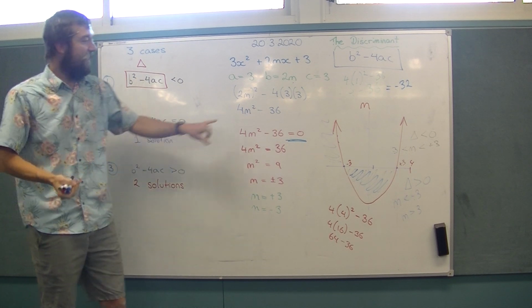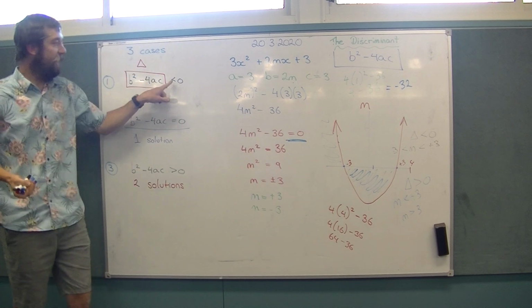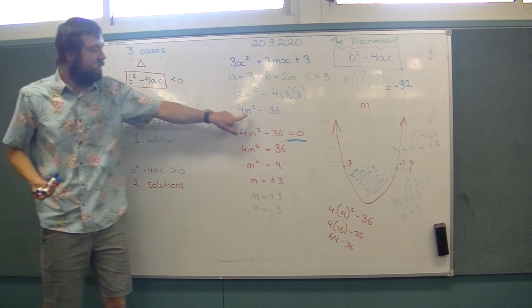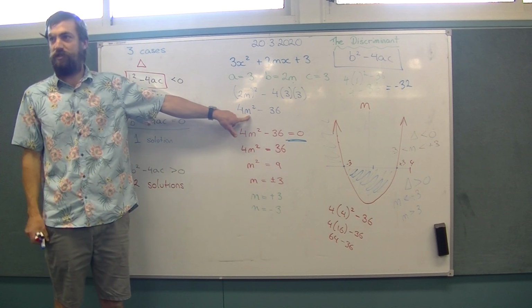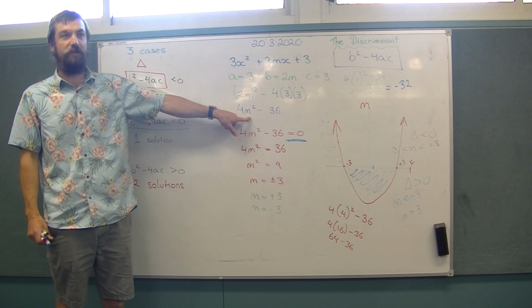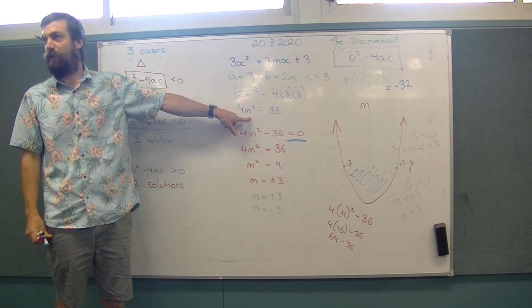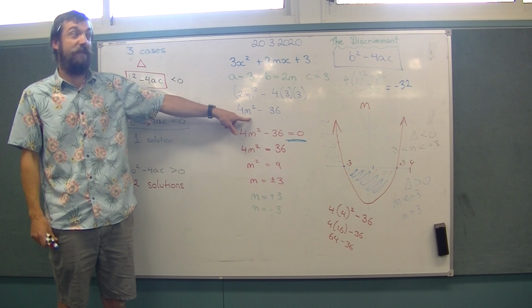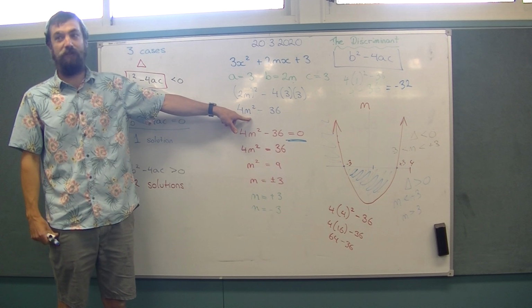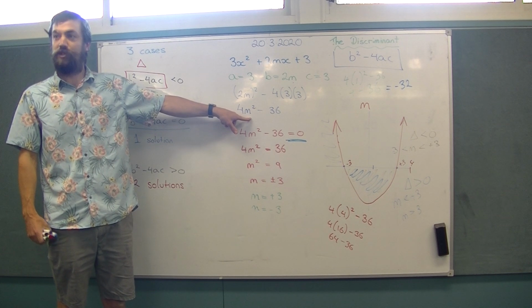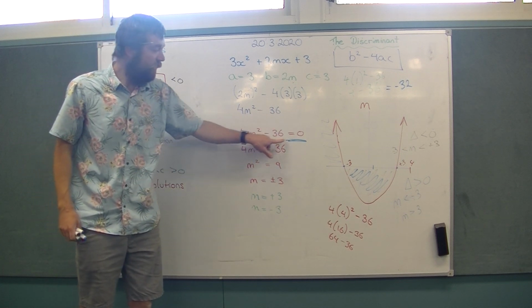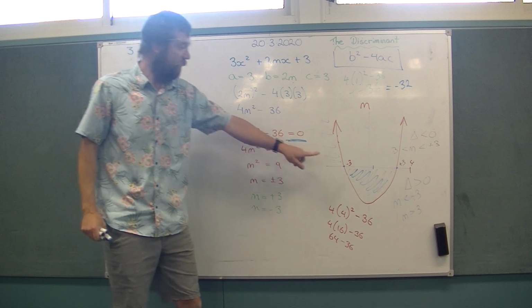We are interested in, how do I make the discriminant less than 0, equal to 0, or greater than 0? But because there's a variable there, I don't know what to do. I could just plug m values in, couldn't I? That's how people solved inequalities before we learned how to do it. Randomly plug them in. You'd be there forever if you chose the wrong values to start with. So a shortcut is, treat it like an inequality. Sketch this quadratic. Find where it equals 0.